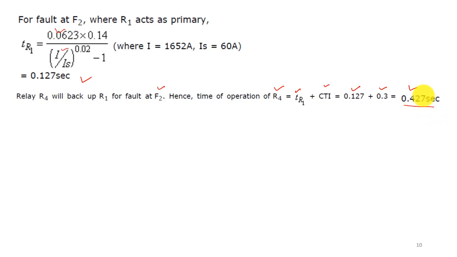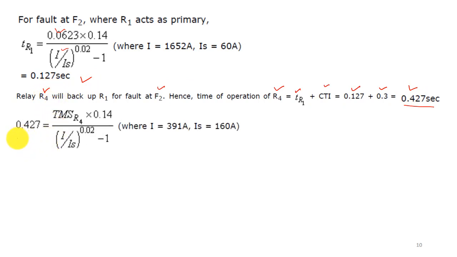Okay. Now using this time, again we'll find the TMS setting for relay R4. The TMS setting for relay R4 can be found from this equation just by substituting the time of operation for R4, the backup fault current seen by R4, and the pickup current of R4. So TMS for R4 will be 0.055.